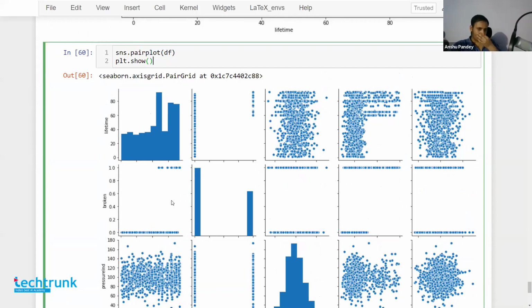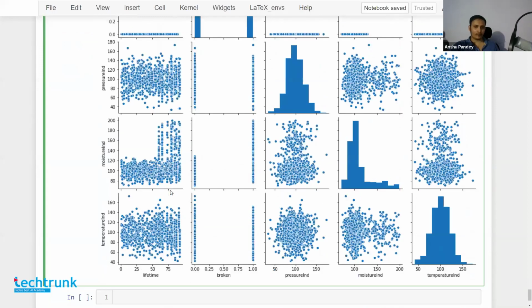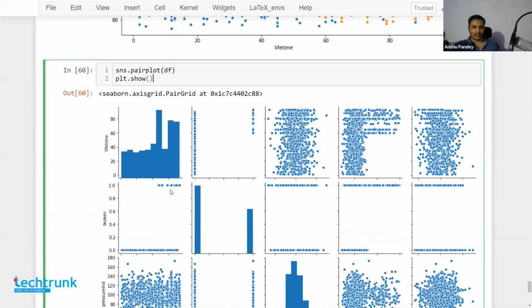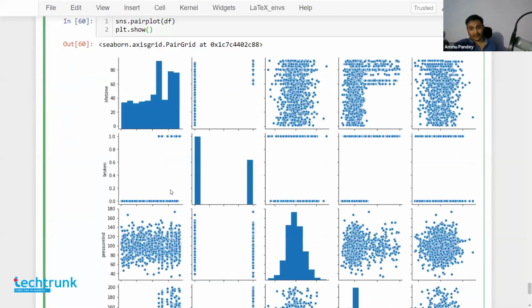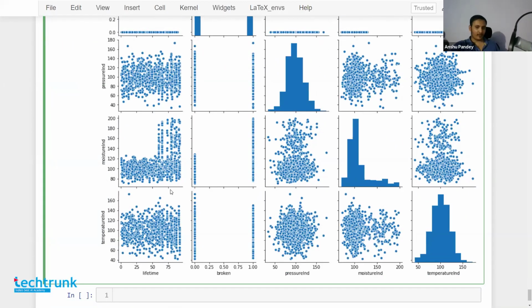There are a few options to customize this plot. So it's one plot which gives a one-shot analysis of all the columns versus all. It's attractive to look at definitely, but when it comes to interpretation, it becomes a little difficult because of the small size of the graphs, and it's hard to make sense of this.